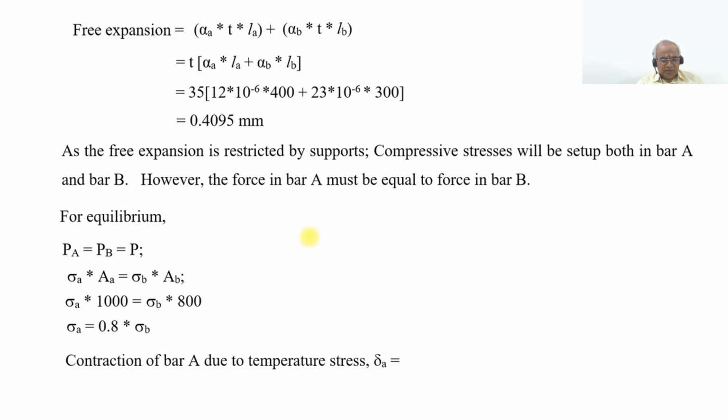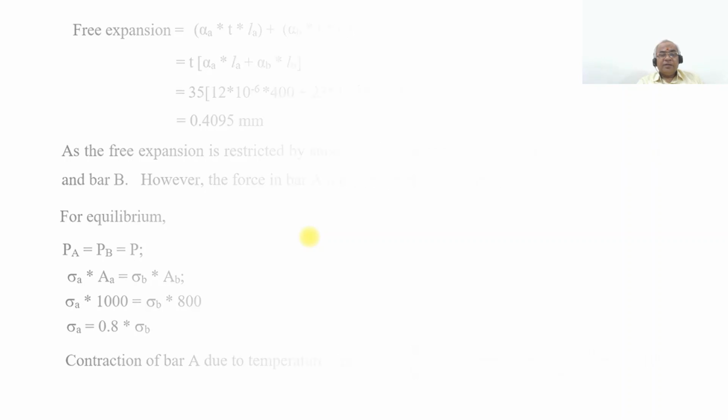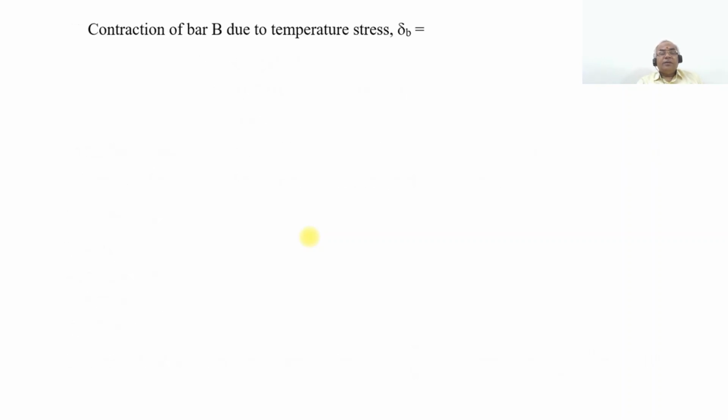The contraction in bar A due to the temperature rise, delta A, is equal to PA into LA by AA into EA. PA by AA is sigma A, so sigma A into 400 divided by 2 into 10 to the power of 5. Therefore, delta A is equal to 2 into 10 to the power of minus 3 into sigma A. Similarly, the contraction of bar B due to the temperature stress, delta B, is PB into LB by AB into EB.